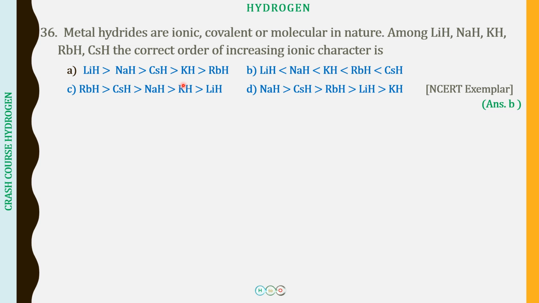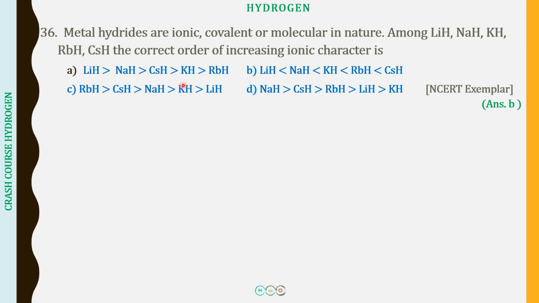If you look, these are all group 1 elements, and in a group, as we move down the group, the size of the atom increases and the ionization enthalpy value decreases. The atom can lose an electron easily to form the corresponding cation.